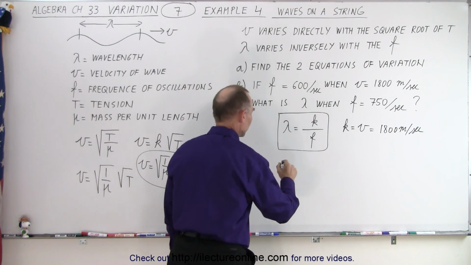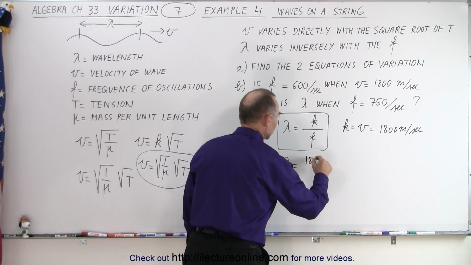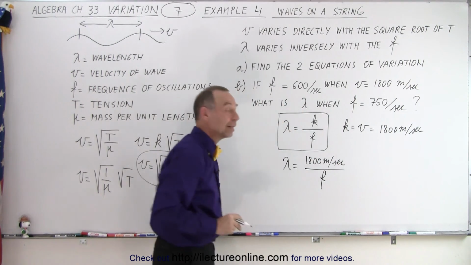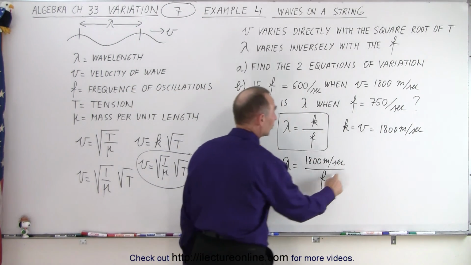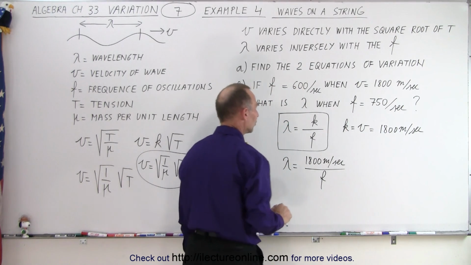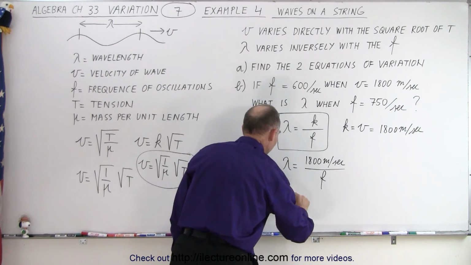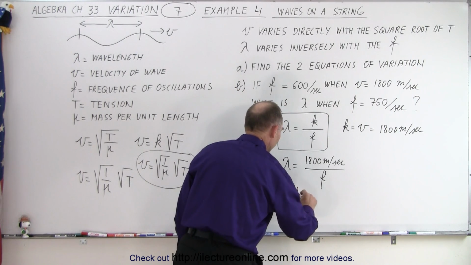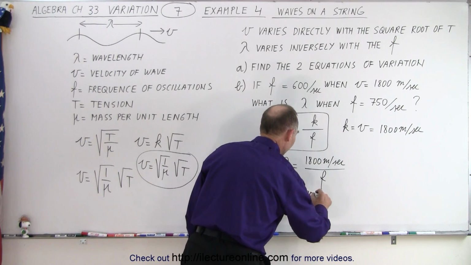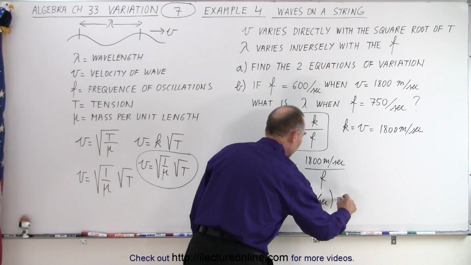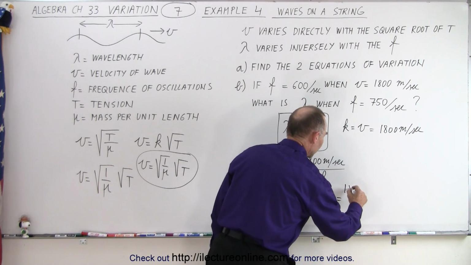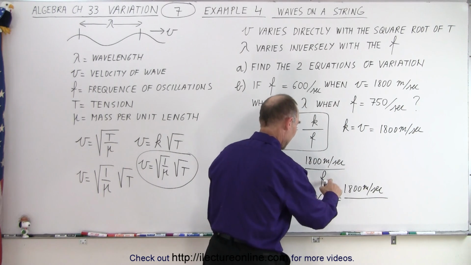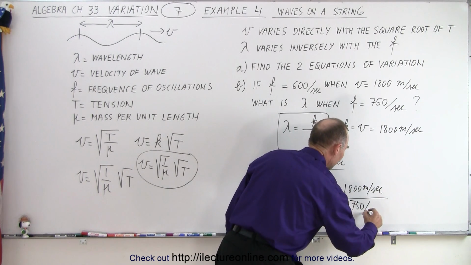So let's rewrite the equation. We can then say that lambda is equal to 1800 meters per second divided by the frequency. And now all we have to do is plug in the new frequency to find the new wavelength. So in this case, we can say that the wavelength when, and I always like to put in that additional information, when the frequency is equal to 750 per second, is equal to the k, which is 1800 meters per second, divided by the f, which is 750 per second.